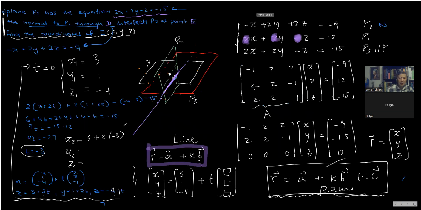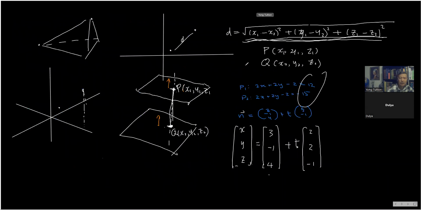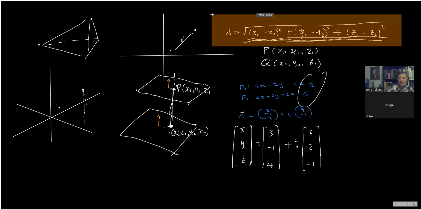We found the first x, y, z, and then by solving the t, we found another x, y, z. These two x, y, z can be directly substituted into this formula for the distance between the two points in 3D space. Can you follow me? Solved. Do you agree? Are you convinced? Solved this question?